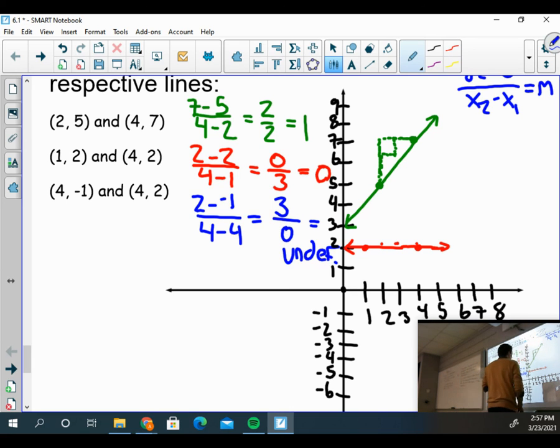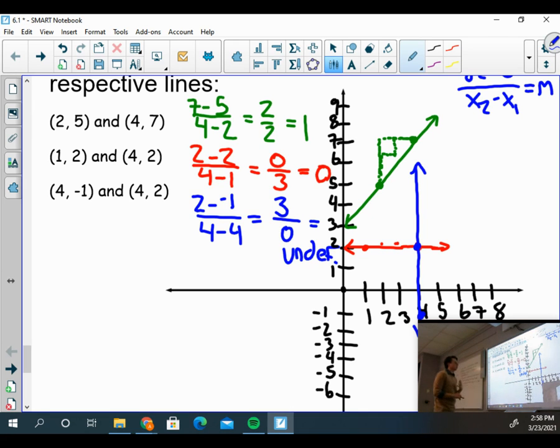Let's plot our final points, 4, -1 and 4, 2. And this graph, which had an undefined slope, produces a vertical line. Why? Because if you go back before we simplified to undefined, we were saying go up 3 and over 0.